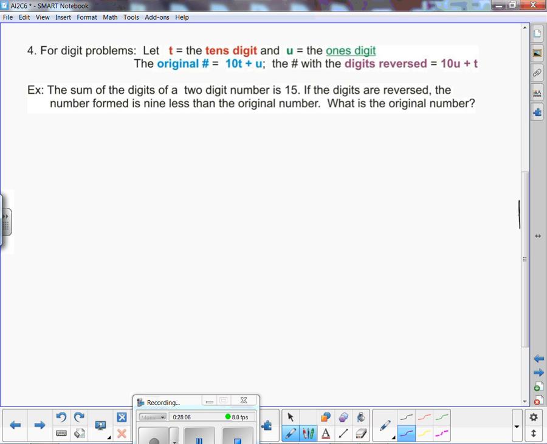If I had the number 71, okay, it's a two-digit number. That's what we're dealing with here. That number 71. Okay, if I wanted to add up the two digits, I get an 8. An 8 isn't 71. How can I add the two digits and get 71?